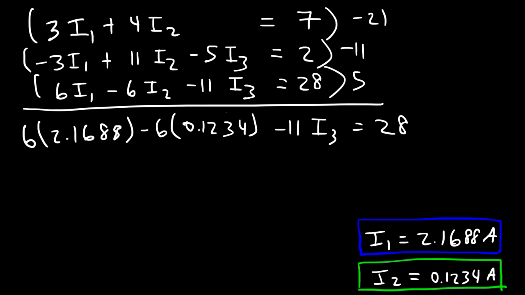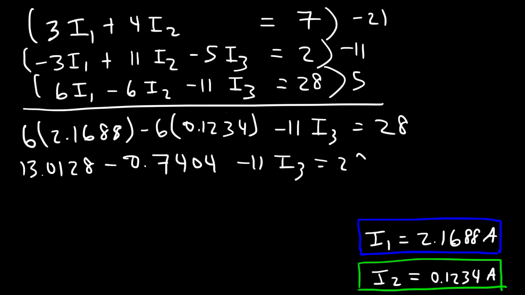So 6 times 2.1688, that's 13.0128. And then 6 times 0.1234, that's 0.7404. Now let's combine those two numbers. So 13.0128 minus 0.7404, that's 12.2724.